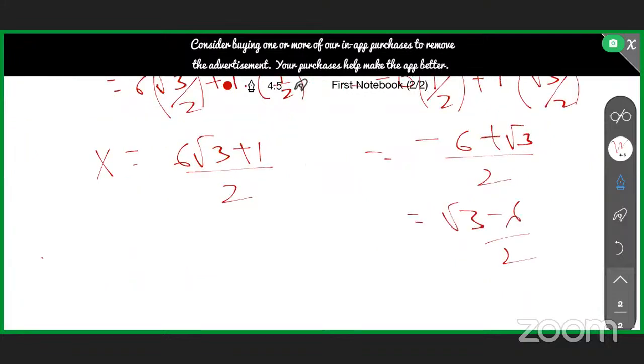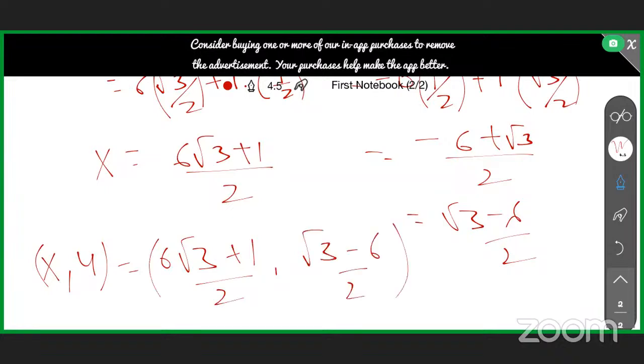Correct, no? Yes, sir. Therefore, my X comma Y is 6 root 3 plus 1 by 2 comma root 3 minus 6 by 2. That is, the point 1 comma 3 is getting transformed into 6 root 3 plus 1 by 2 comma root 3 minus 6 by 2.